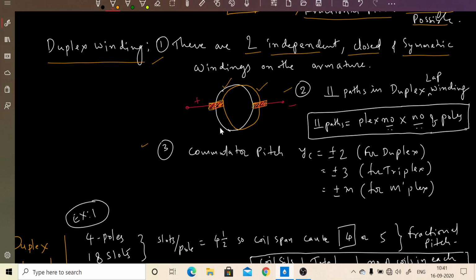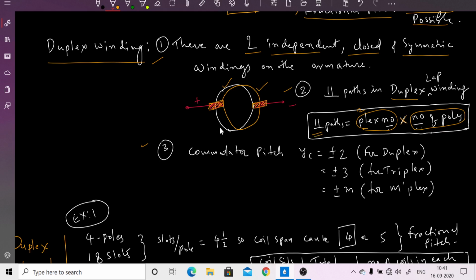The second important point is that the number of parallel paths in the duplex lap winding is given by the plex number multiplied by the number of poles.